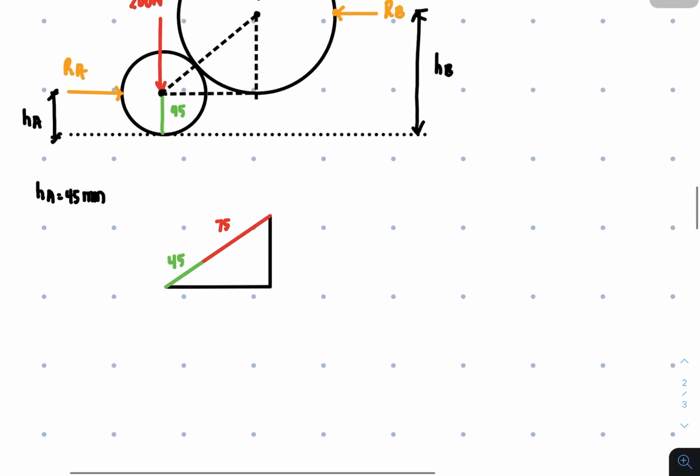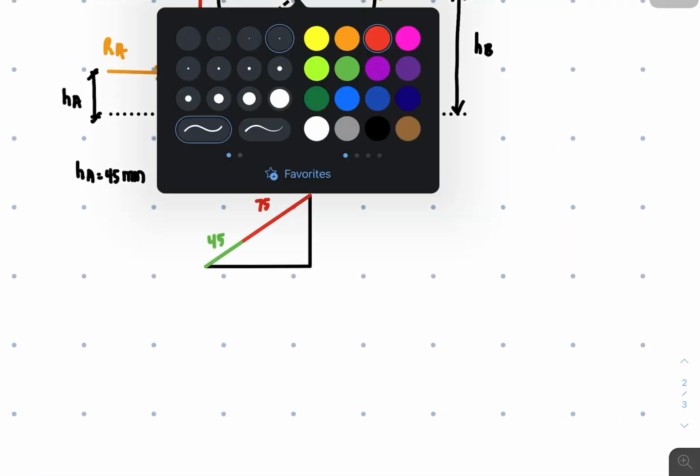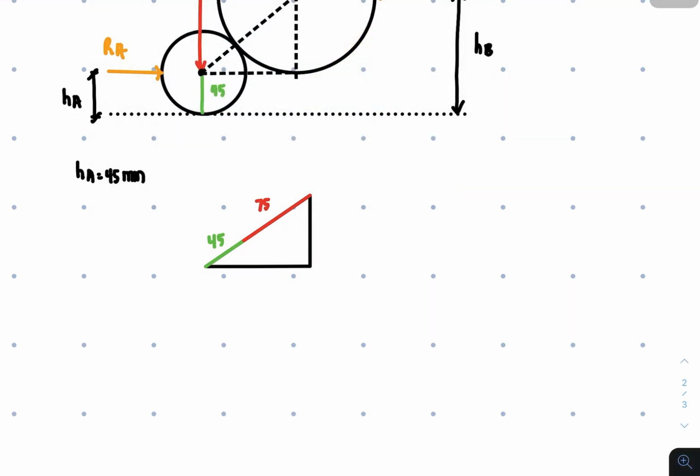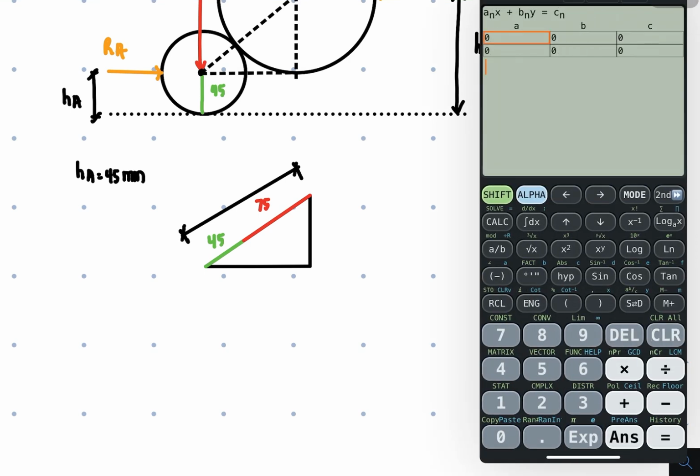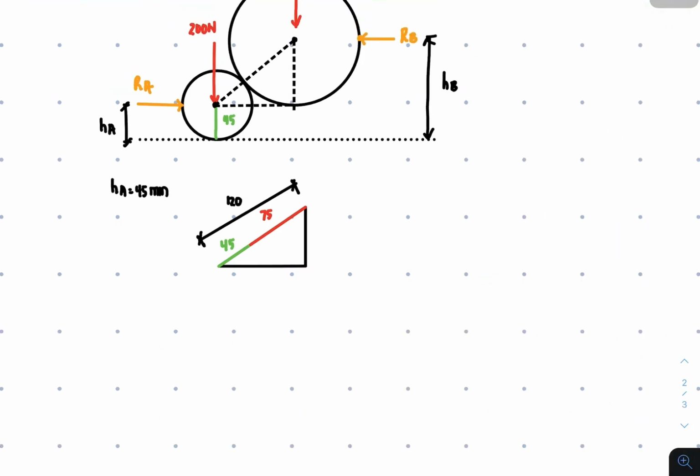So this whole length of the triangle measures the sum of the two lengths. That's 45 plus 75. Where did I get 75? It's 1/2 of 150, so this is 120.